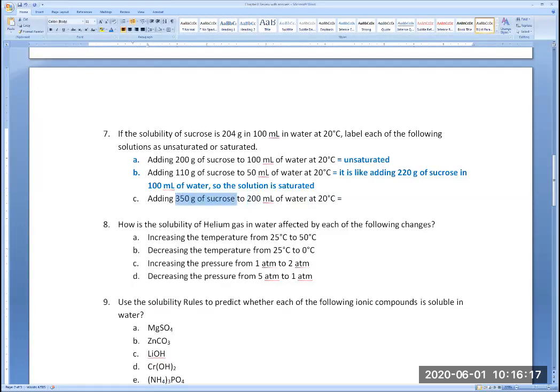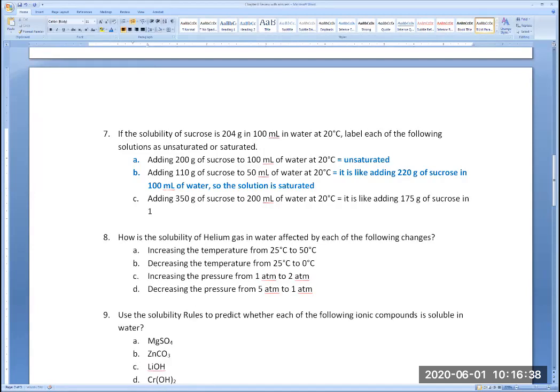So 350 divided by 2 is 175 grams of sucrose in 100 milliliters of water.